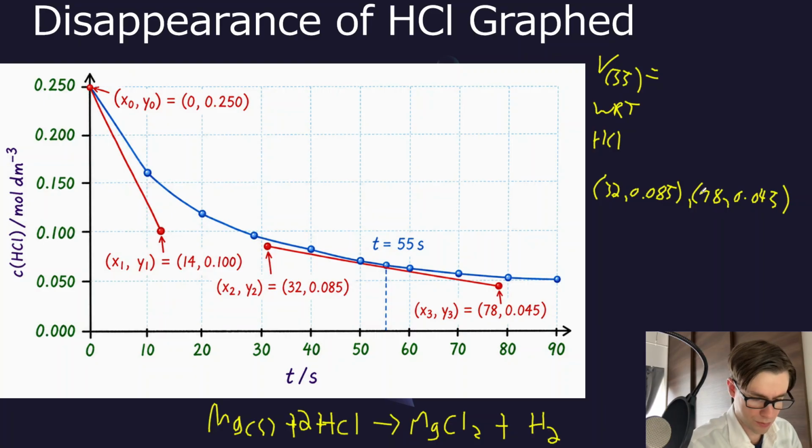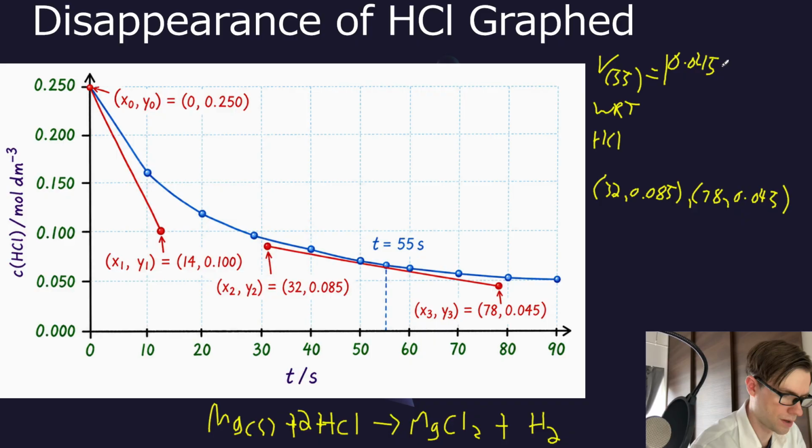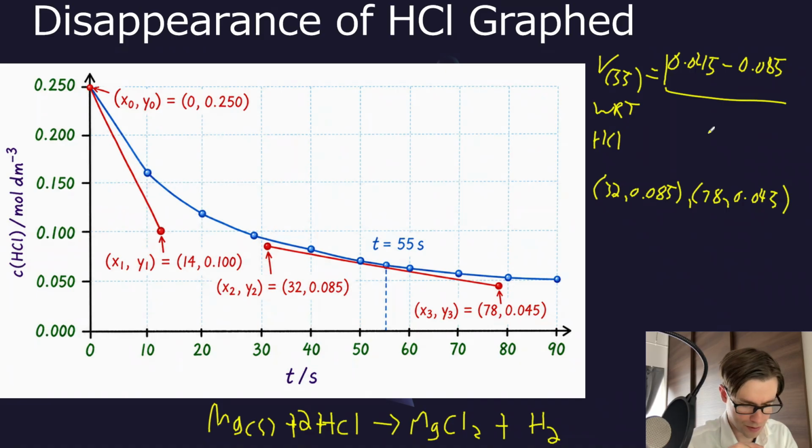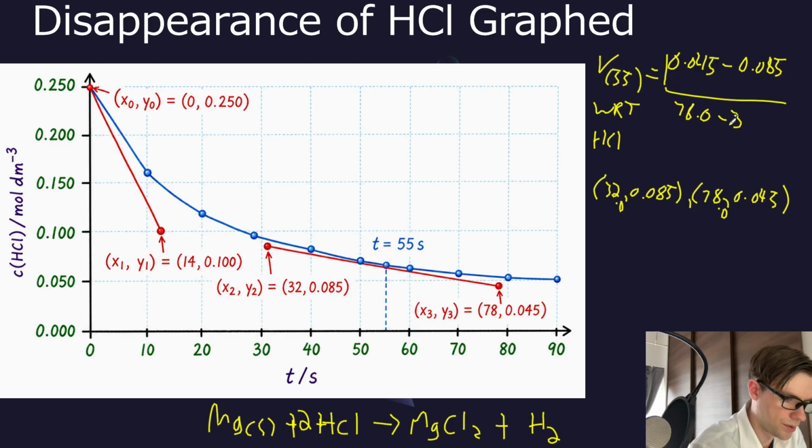All right, so y2 minus y1, we'll take absolute value of 0.045 minus 0.085. And divide this by 78, I'm going to put these point zeros here, so we have 3 sig figs, minus 32.